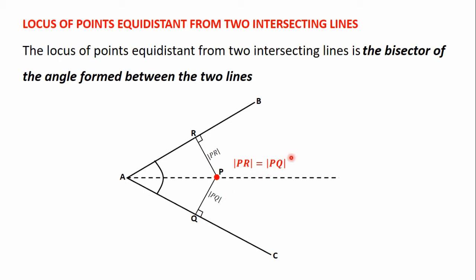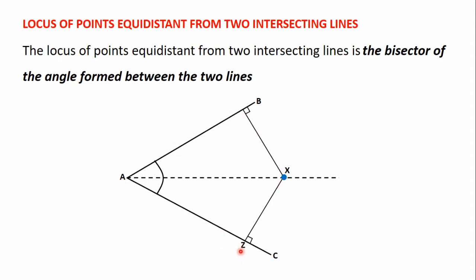In the same way, if we pick another point, let's say this one, I'm going to call it point X, and we draw a perpendicular line from point X to meet the line AC, and we draw another perpendicular line from point X to meet the line AB.